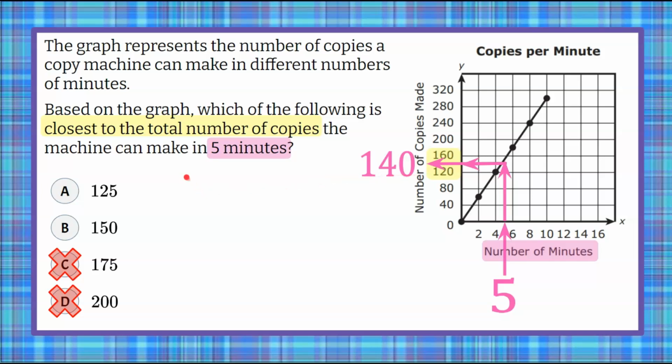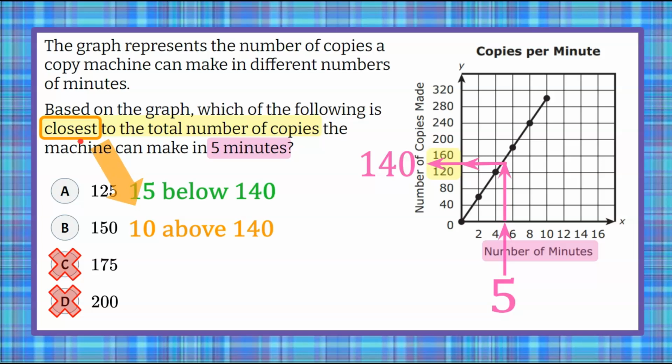Now we need to go back and look at that. 125 is 15 below 140, and 150 is 10 above 140. Our instructions said find the closest, which is 10, since 10 is closer to 140 than 15 away.